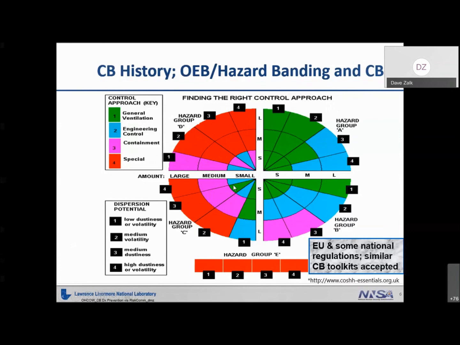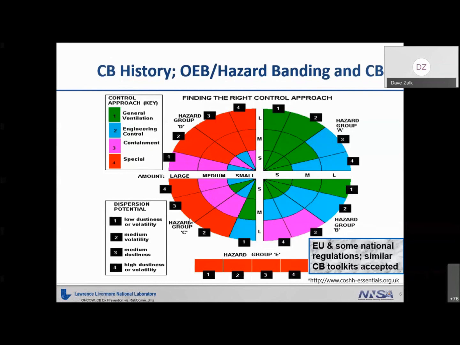And then you also have the aspect of dispersion potential. So this is something, if you're looking at a bulk chemical or a bulk liquid, that can tell you with safety data sheet information and basic information about the process, whether or not you need the following classic controls: general ventilation, engineering control, more total containment, and then special, which typically means calling in your professional.